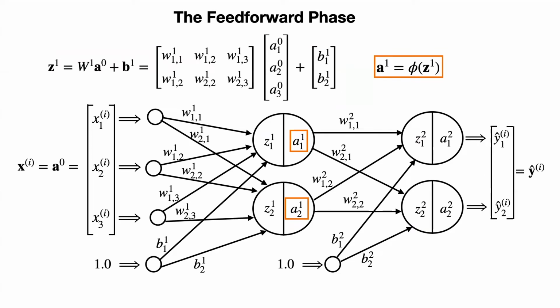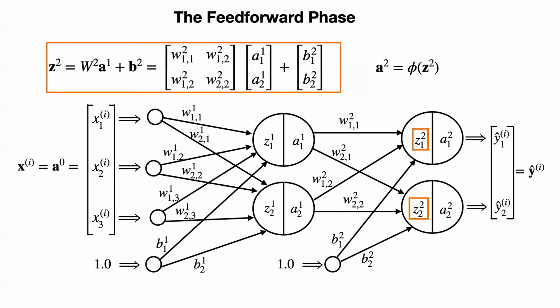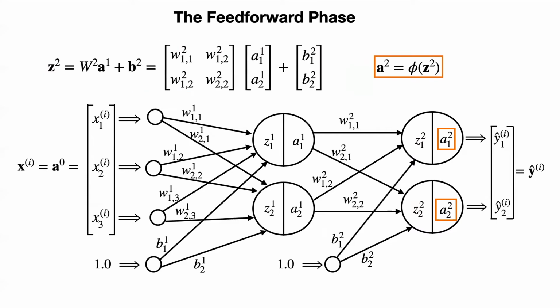Notice on the far left-hand side, Z1 equals W1 times A0 plus B1. Z2 is W2 times A1 plus B2. Do you see how the superscripts are matching up? And then the same thing with the post-activation, it's just applying some nonlinear function to the pre-activation.